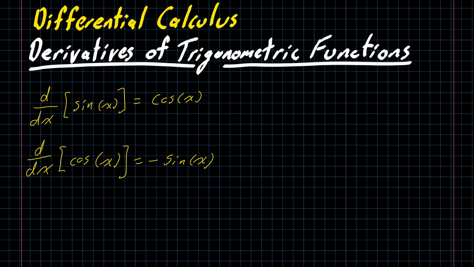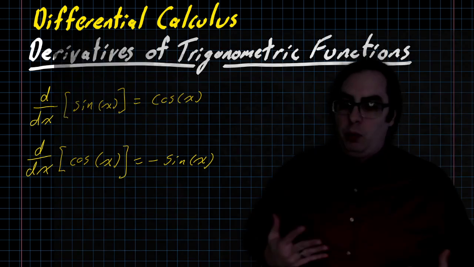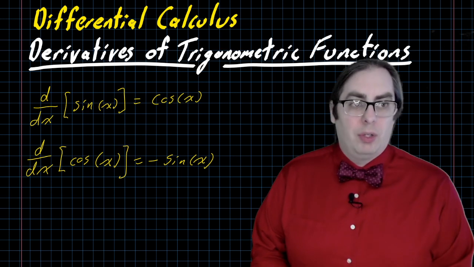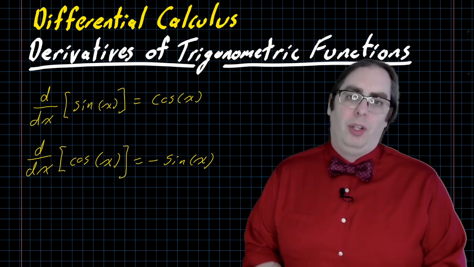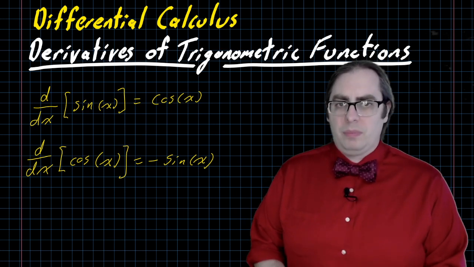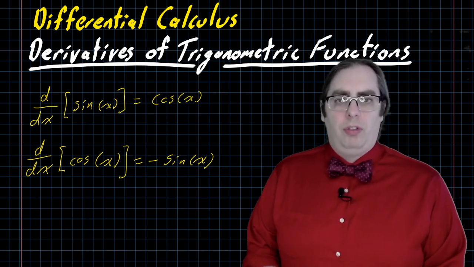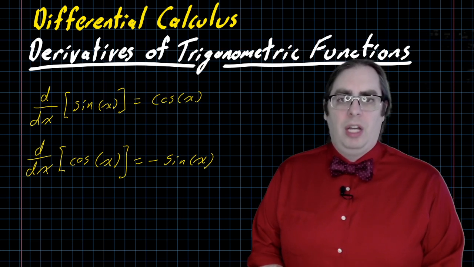Sine and cosine kind of just ping pong back and forth. It's one of several places that you have come across in your study of trigonometry where sine and cosine are incredibly closely related to each other. There is a way to prove this using the limit definition of the derivative.